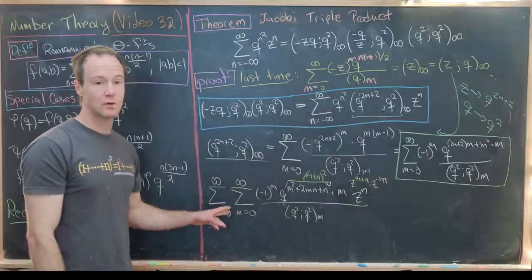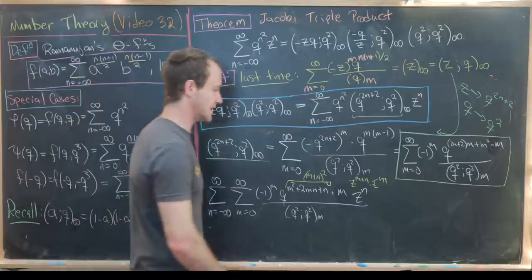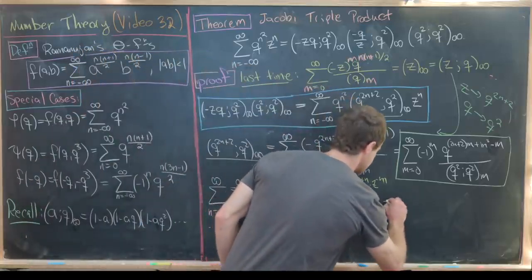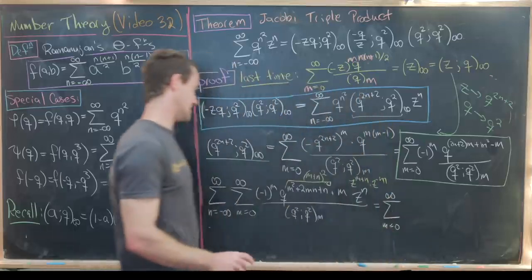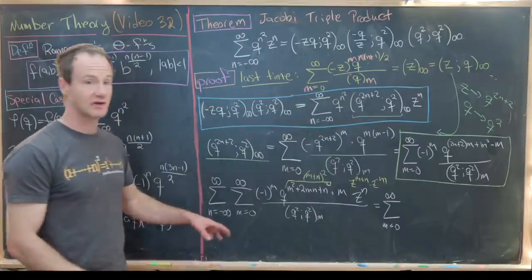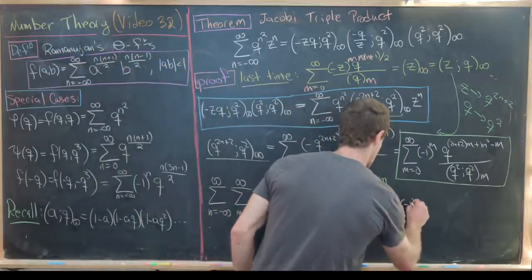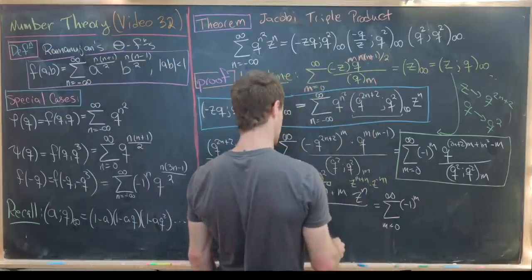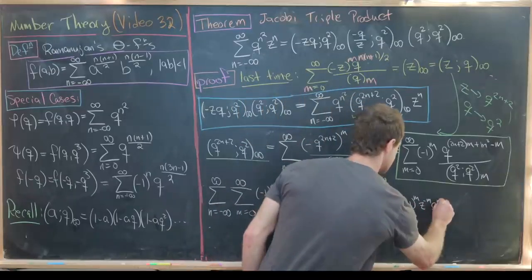And then we'll switch the order of the sums and factor out all the stuff that only depends on m. So that's going to give us this sum as m goes from 0 up to infinity. Like I said, we're going to factor out the stuff that depends on m. So that's going to give me minus 1 to the m. And then we'll have z to the minus m, q to the m.